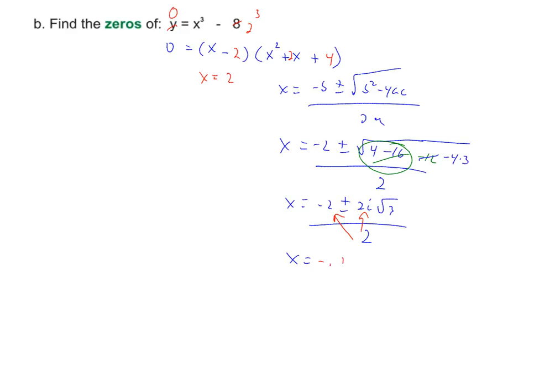Negative 1 plus or minus i times the square root of 3. Found the 3 zeros. X equals 2 from the front binomial, and x equals negative 1 plus or minus i times the square root of 3 from the back.